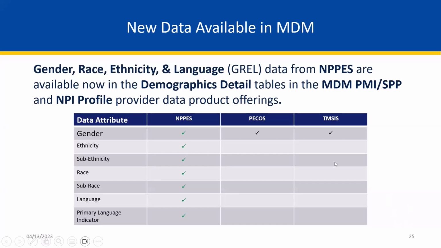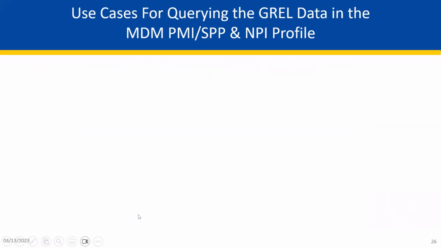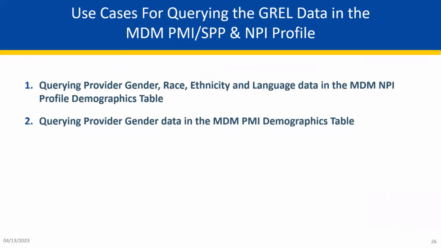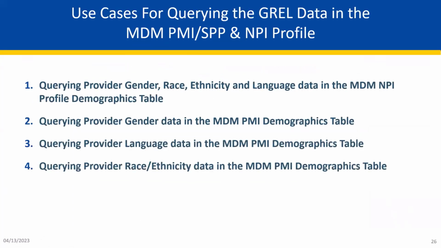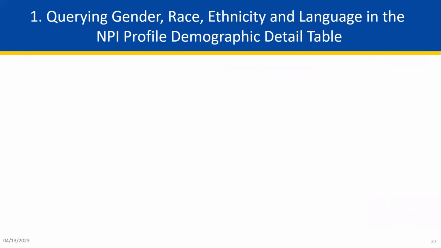As I said earlier, gender information is already there. What's new is that we are now fetching from NPS as well. Along with gender, we also have ethnicity, race, and language.